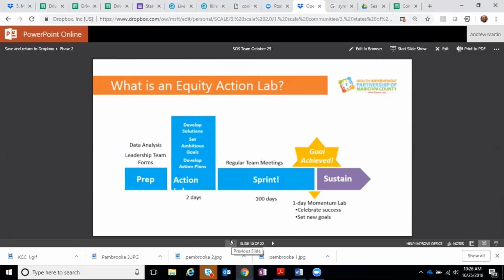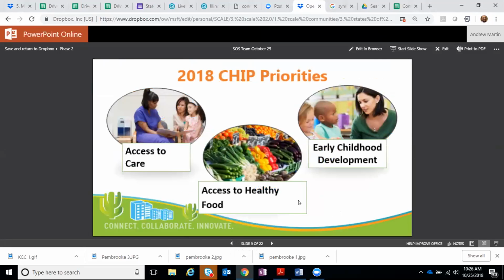And I say that because that will relate to our Equity Action Lab topics. And then our food goal is to increase the number of outlets that are offering locally grown produce in our county. So again, those 5-year goals are really big buckets.